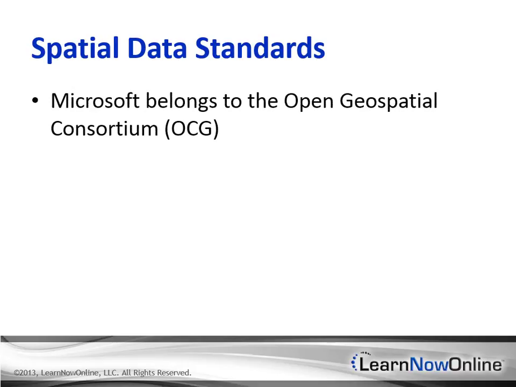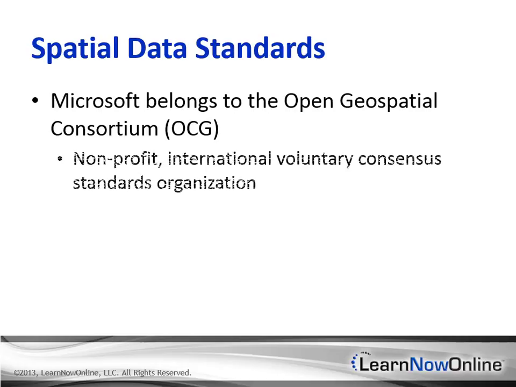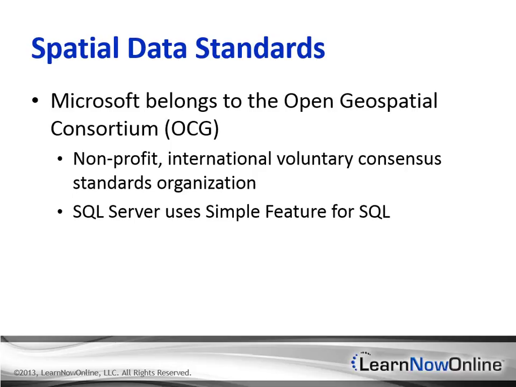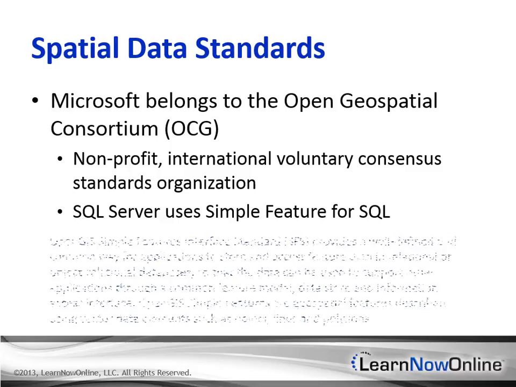Microsoft belongs to the Open Geospatial Consortium, or OGC, which is a nonprofit international voluntary consensus standards organization. SQL Server uses OGC's Simple Feature for SQL standards, which OGC's website describes this way.